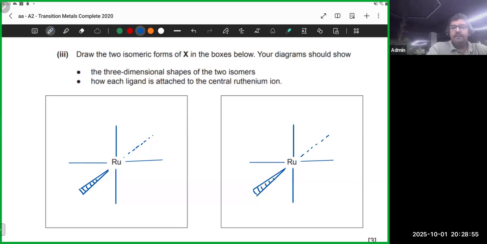Okay. So we've got the X, Y, and Z axis, the six bonds. Now, remember, there was one SO2, and there was one Cl minus one. And then there were four NH3s, right? So that's one NH3, that's another NH3, that's another NH3.